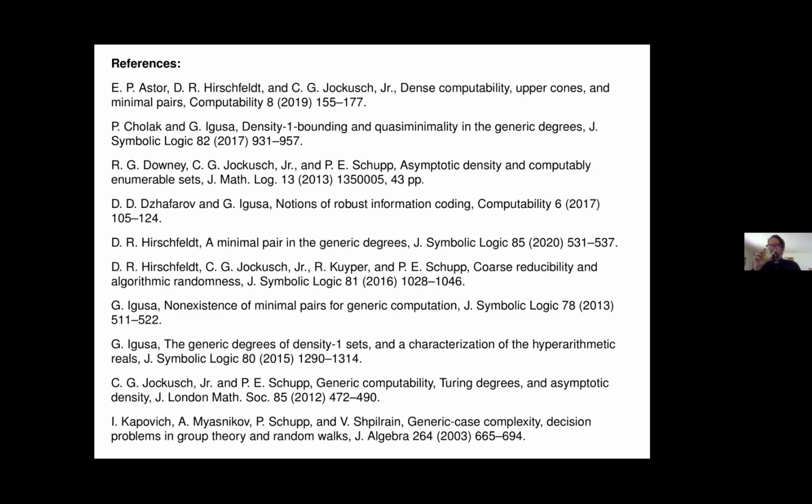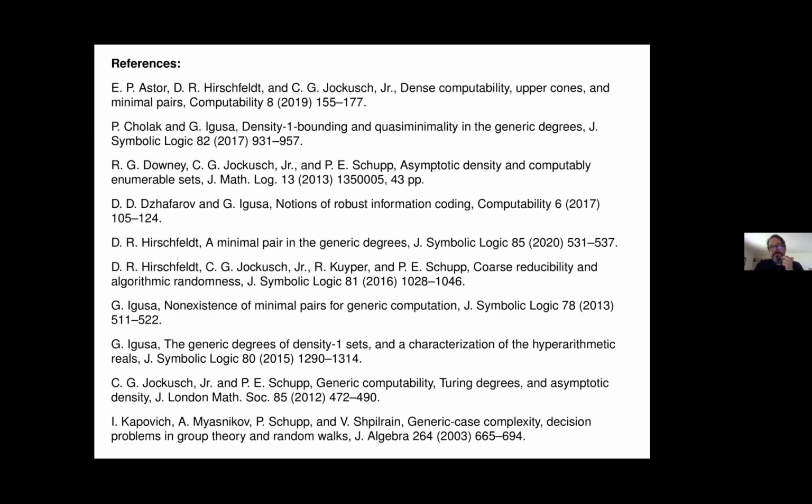So actually, I've just got a question about this effectively dense computability. You said that your technique didn't work to prove that there is no minimal pair in the effectively dense degrees. Yeah, we don't know.